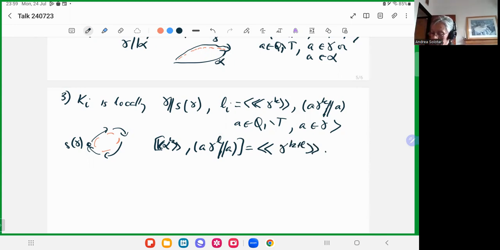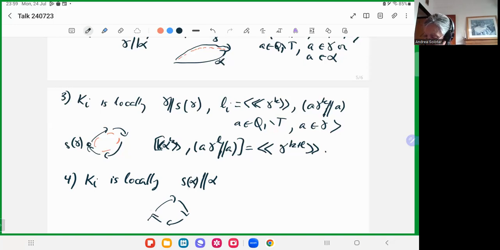So this is the Lie structure here, and the last one is when the cycle Ki is locally of the following type. Now we have on this side alpha, which is a cycle without relations, and here we have the source of the cycle.